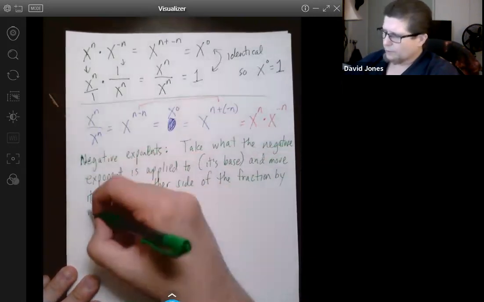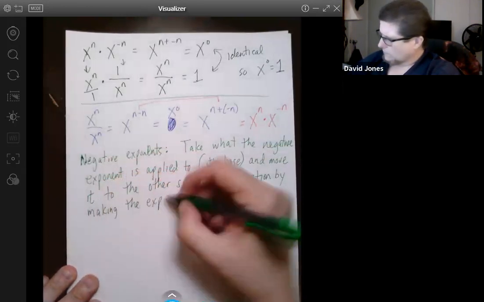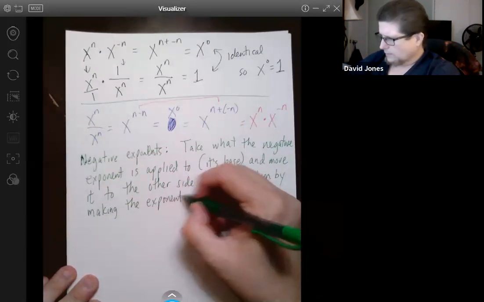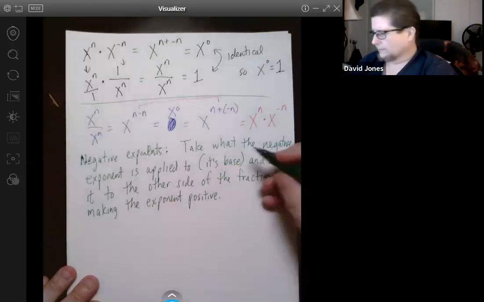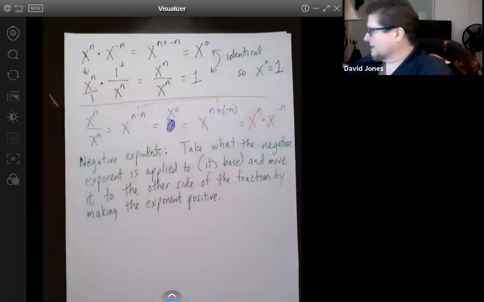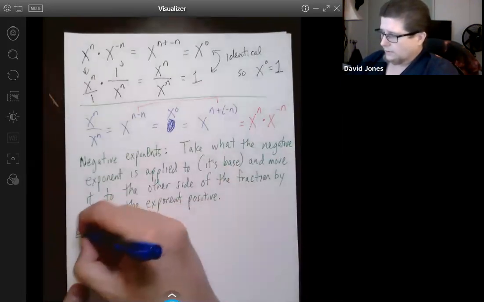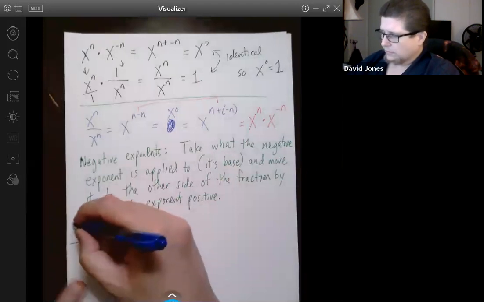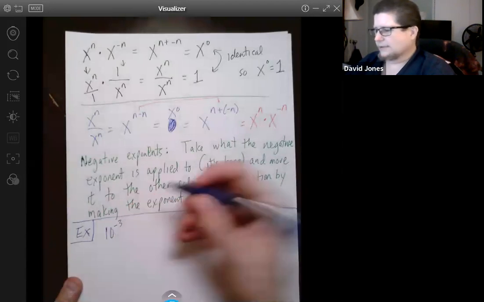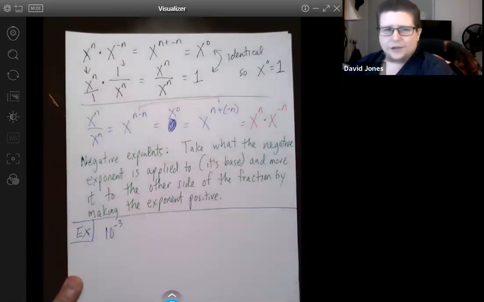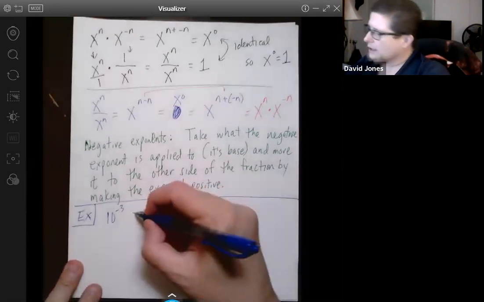By making the exponent positive. All right, let's take a look at some examples. Example, 10 to the negative 3. 10 to the third power would be easy to work with, but 10 to the negative third power isn't easy to work with.